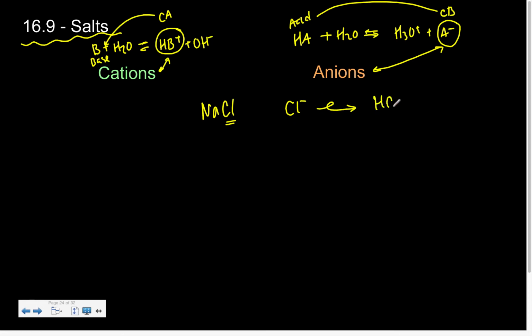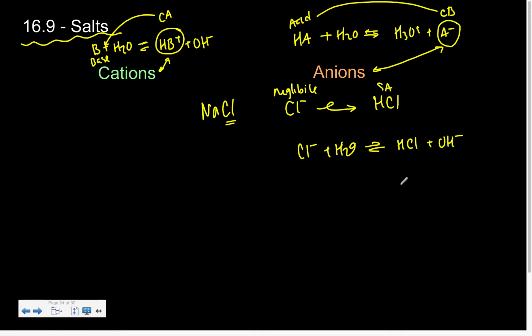It is the conjugate base of hydrochloric acid, which is a strong acid. Now, going back to what we talked about at the very beginning of the chapter, the conjugate base of a strong acid is negligible in terms of its basicity, which means it has no tendency to act as a base. Chloride ion has no tendency to reform HCl and hydroxide.